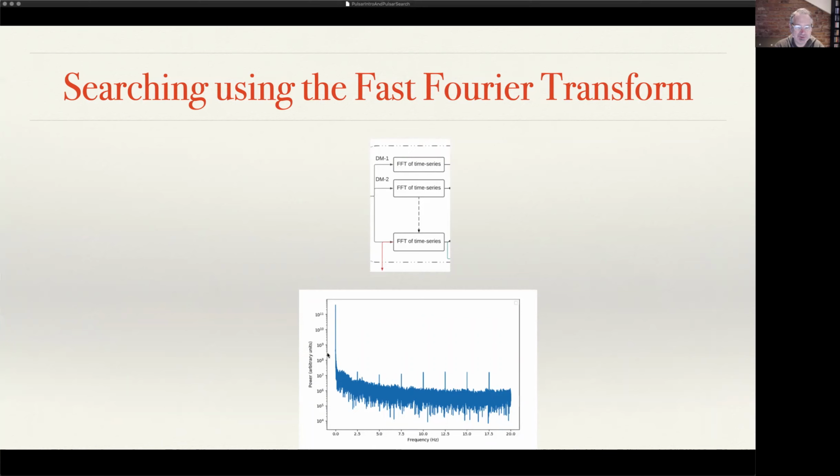And the peak at 0 corresponds to the offset of the data from 0 in the time domain. But then you can see these peaks at 2.5 hertz, 5 hertz, 7.5, 10, and so on. The 2.5 hertz signal is what we call the fundamental, or sometimes the first harmonic.